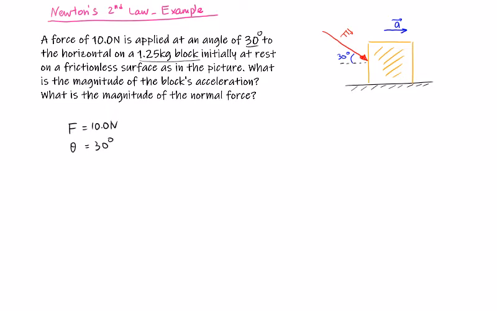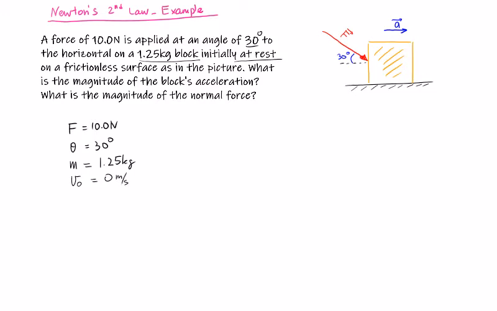On a 1.25 kilogram block, that means the mass of the block is 1.25 kilograms. And it says it is initially at rest. That means the initial velocity equals 0 meters per second.